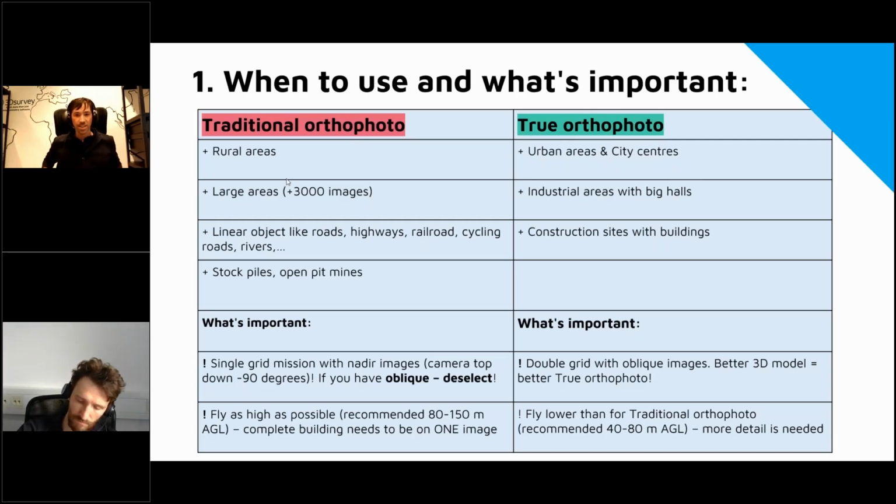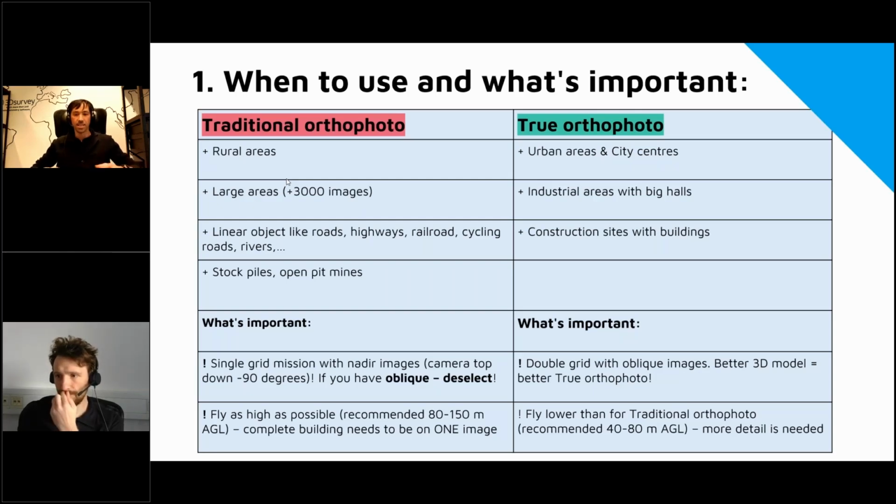Okay, very good. This was the traditional orthophoto. The next one is true orthophoto. We warmly advise you to use a true orthophoto approach in case you are flying an urban area or city center where mainly high buildings and big halls are. With the traditional orthophoto, you're going to get much worse results in comparison to true orthophoto in this case.